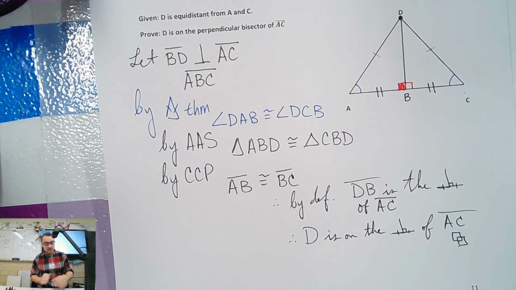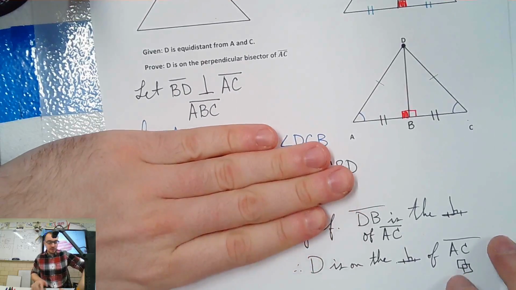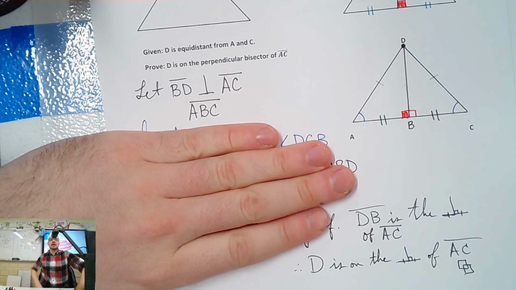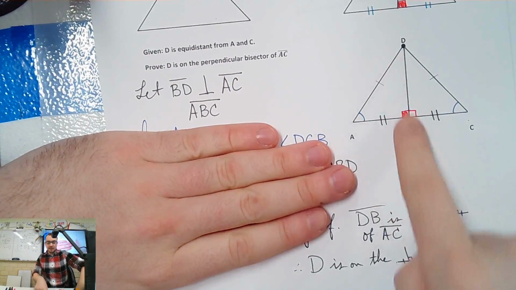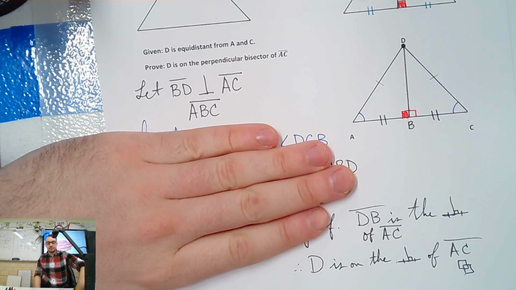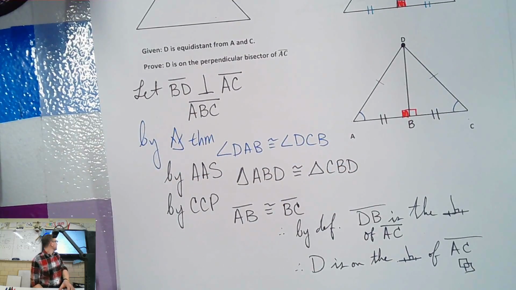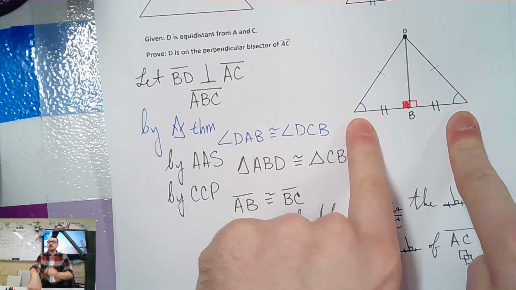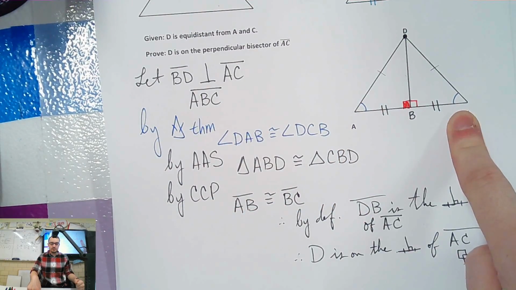So, I assumed a perpendicular line. That's fine, right? We can always find a perpendicular line on a triangle, right? And I said, have it intersect with AC. So then I said, because this is an isosceles triangle, those two angles are congruent by isosceles triangle theorem.